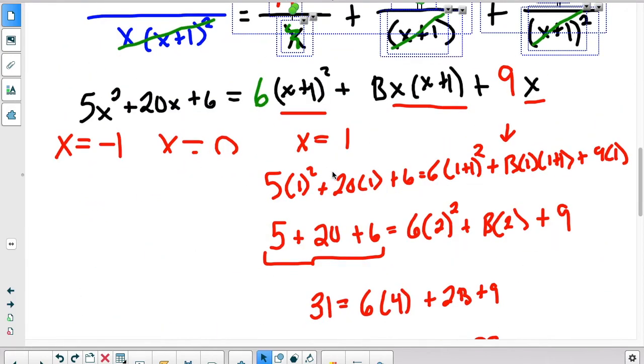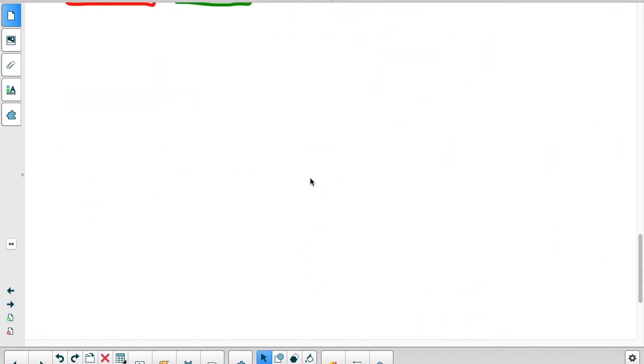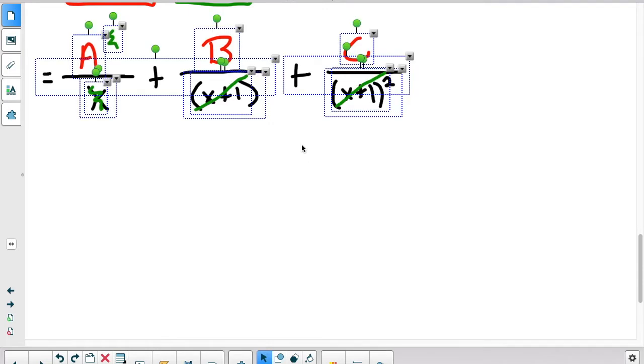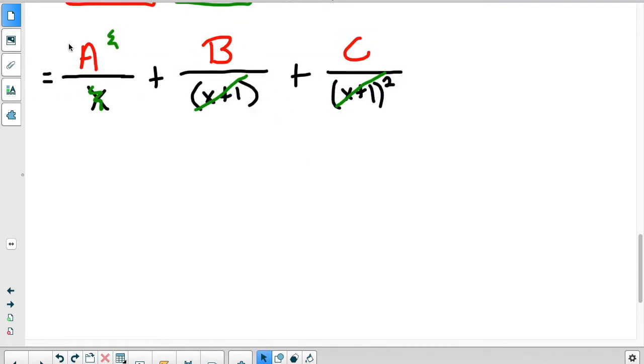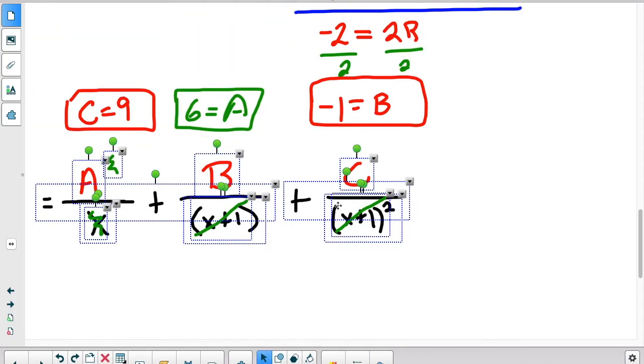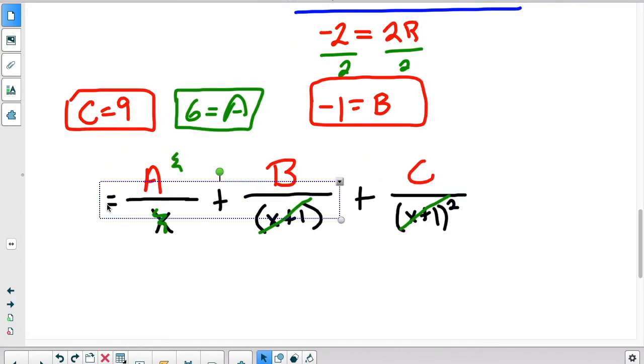So not all of this here is part of our partial fraction decomposition, but we do have most of it here.